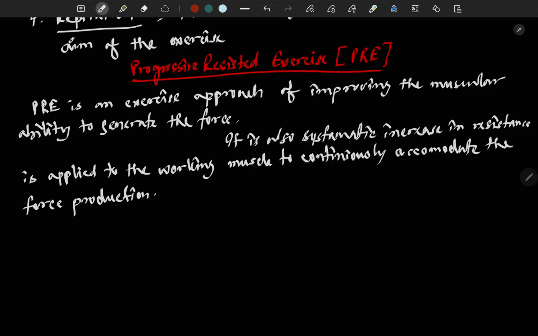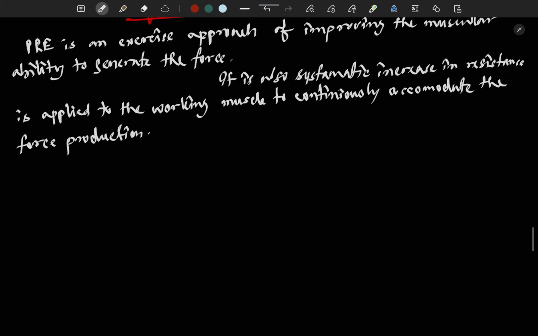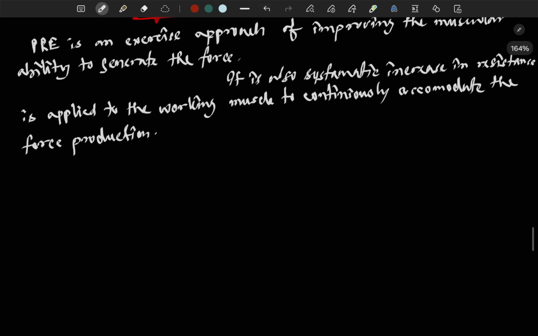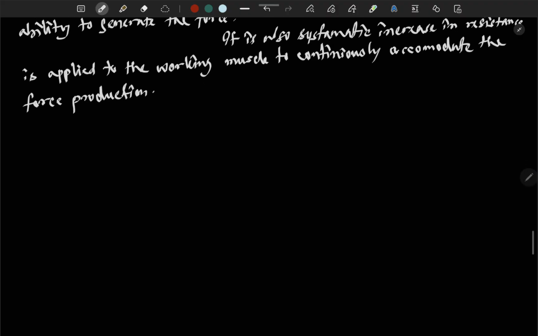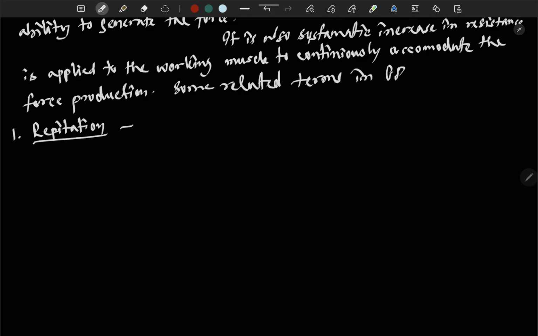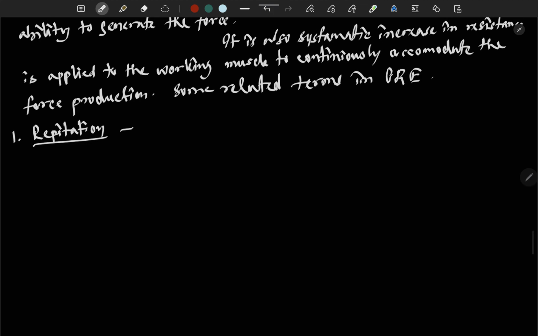Next we'll study some related terms in the PRE. The question comes from this. Number 1, some related terms in PRE. First is repetition. What is repetition?